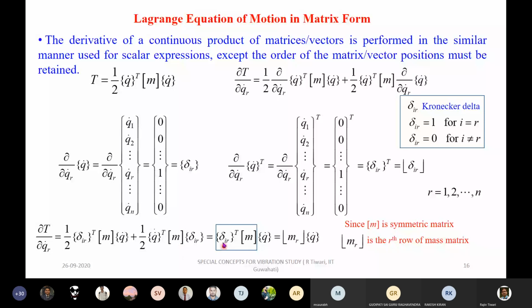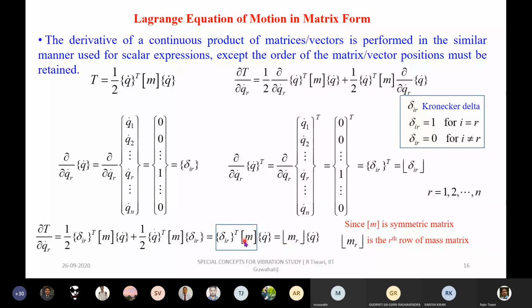Now if we multiply a full mass matrix having n by n size with a row vector having element 1 at the rth position and the rest 0, this will become a row vector, and the rth row of the mass matrix will be there.